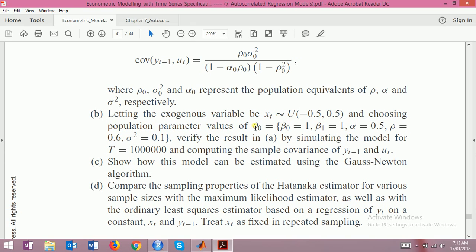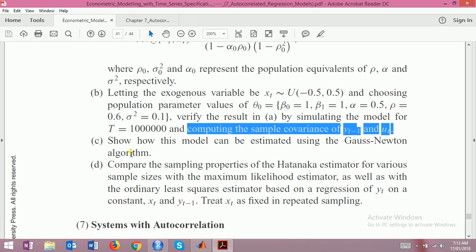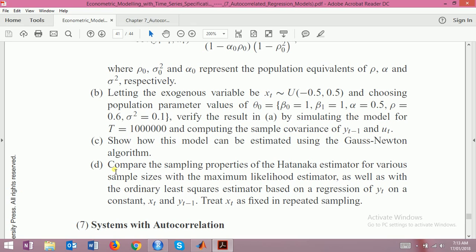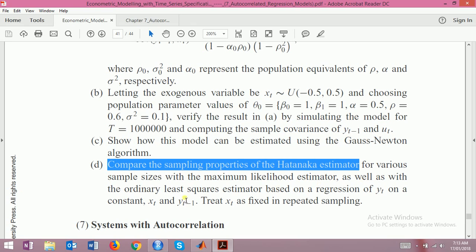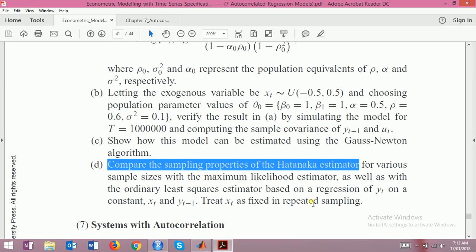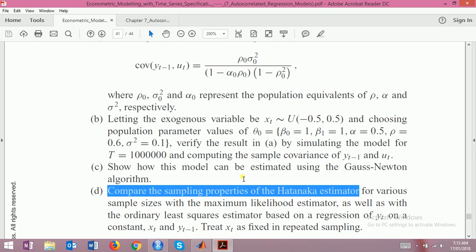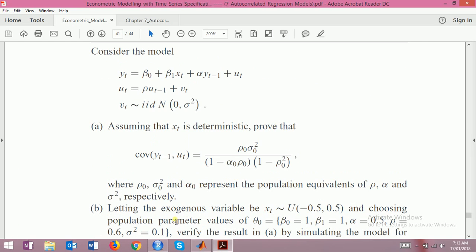Verify the results by simulating the model one million times and compute the sample covariance of yt minus 1 and ut. Show how this model can be estimated using Gauss-Newton. Compare the sampling properties of the Hatanaka estimator for various sample sizes with the maximum likelihood estimator as well as with the OLS estimator. Treat xt as fixed. Basically here we are going to check efficiency with the Hatanaka estimator. That's all. Nothing else.